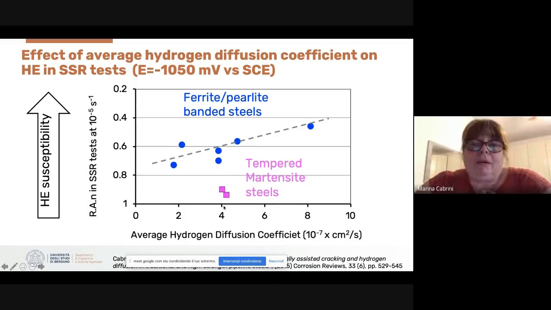The tempered martensitic steels are more resistant to hydrogen embrittlement than this kind of steel. This confirms that the hydrogen embrittlement effect does not depend only on the hydrogen concentration, but also on the intrinsic susceptibility of this kind of steel.